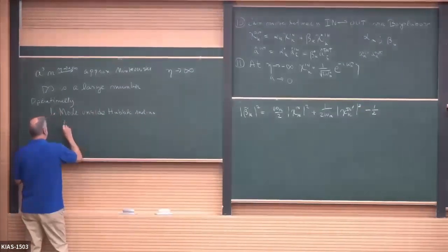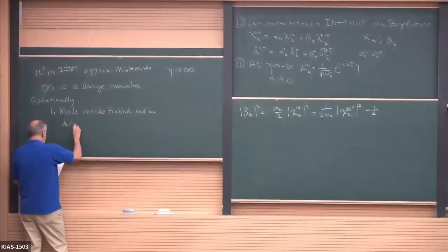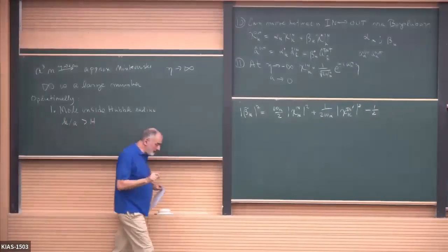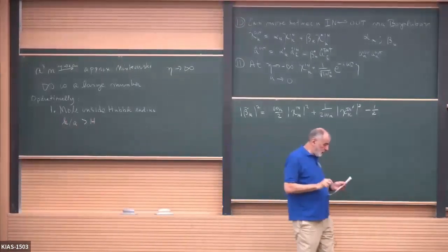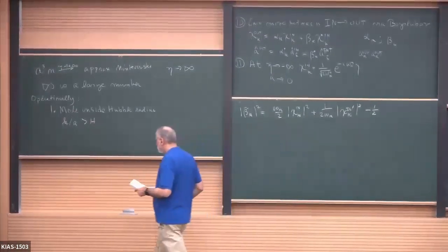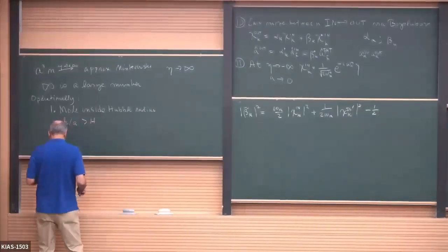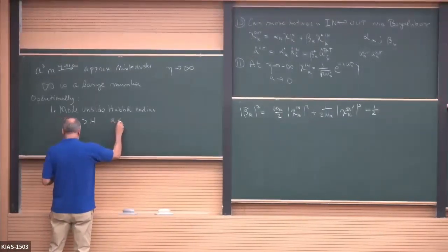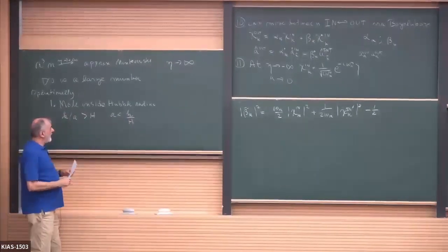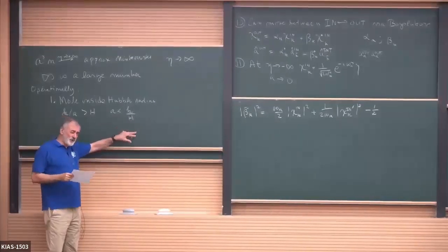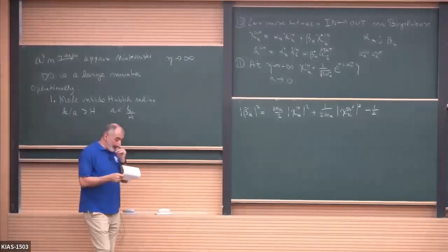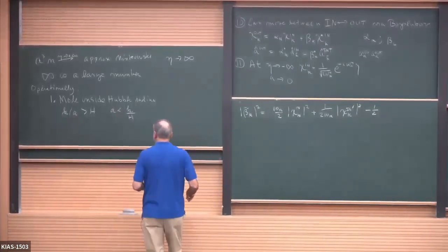In other words, K over A, inside the Hubble radius, is larger than H. You want the momentum of the particle to be larger than the Hubble rate. Or A smaller than K over H. During a matter-dominated phase, H is proportional to 1 over A to the 3/2. So A has to be larger than some value.